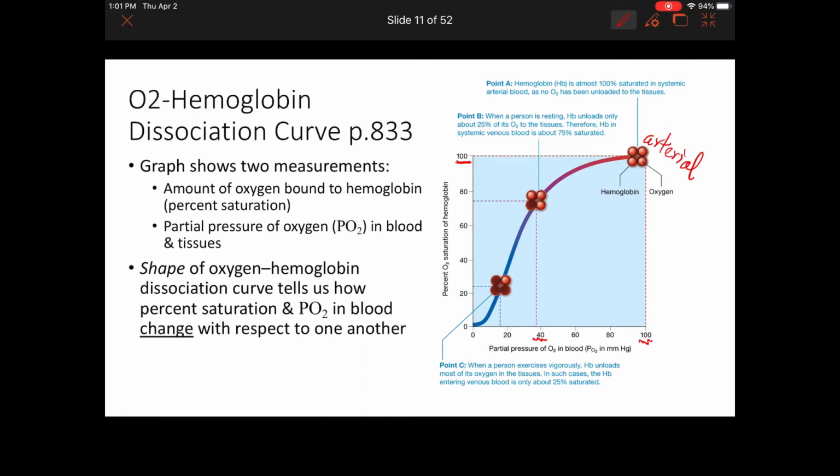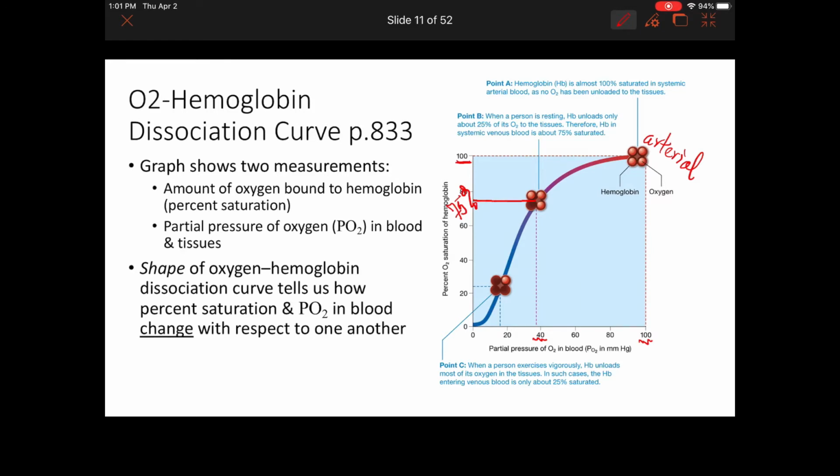So if we use our graph there, what we find is that at 40 millimeters of mercury, the percent saturation of hemoglobin is approximately 75%, which is still quite saturated.